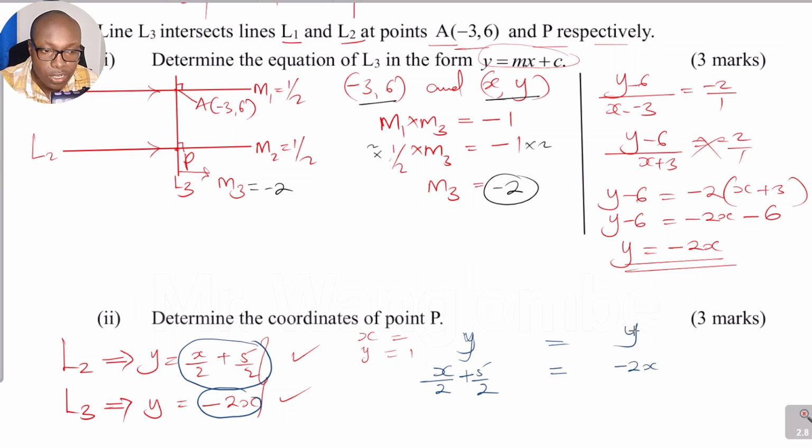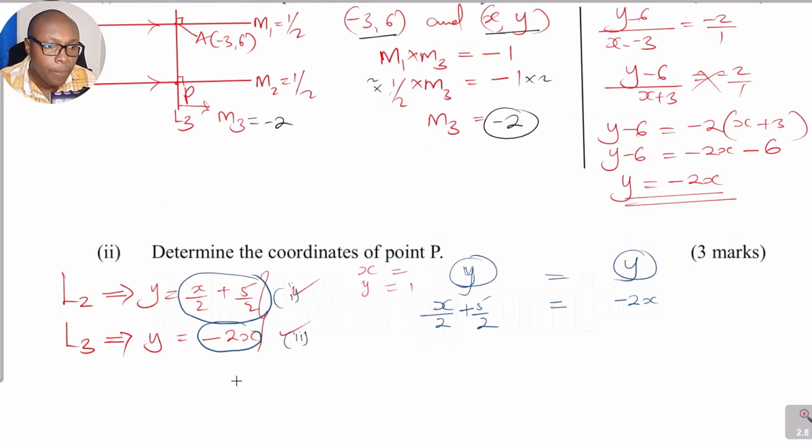That one is equivalent to y. So you can see I'm equating the functions of y. Or you can simply substitute. You substitute y in either of the functions that you choose. You can take y from equation 2 and substitute it in equation 1. Any method that you use to solve for x and y is acceptable.